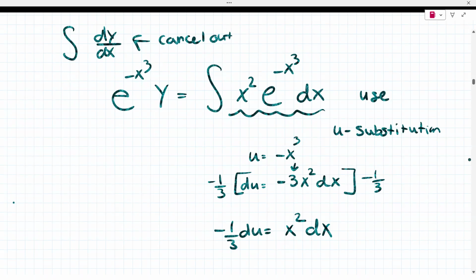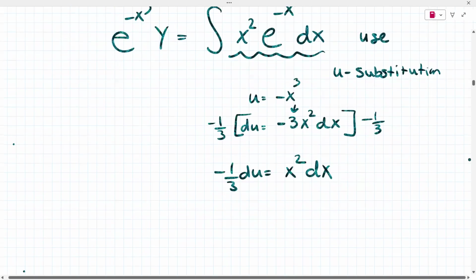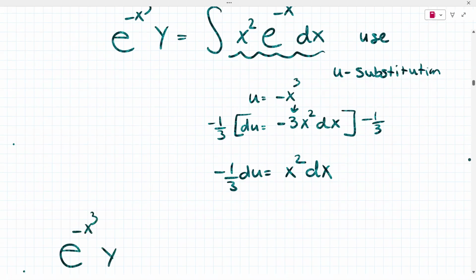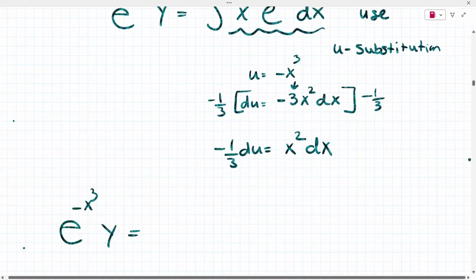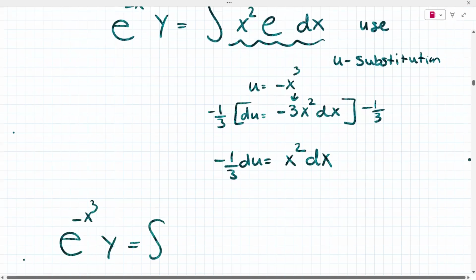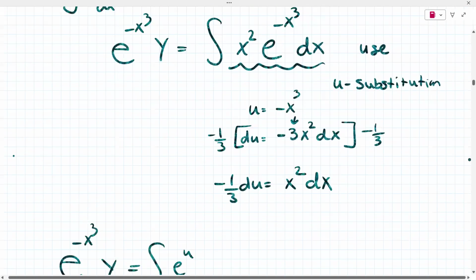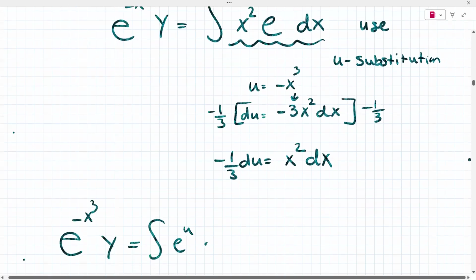So now you're left with e to the negative x cubed y equals e to the u, and you replace x squared dx with negative 1/3 du, right?